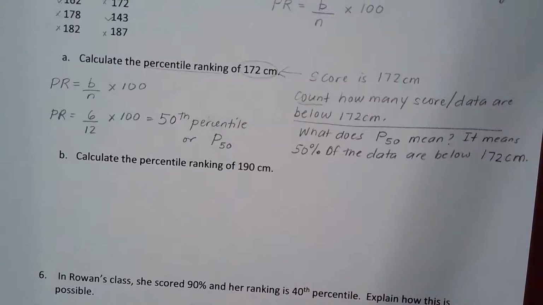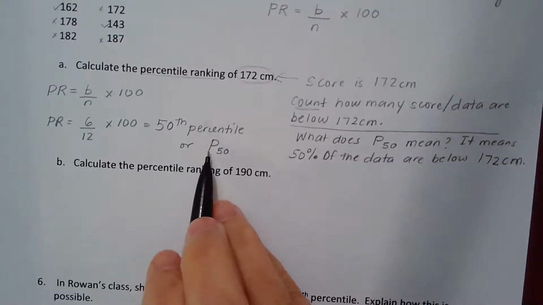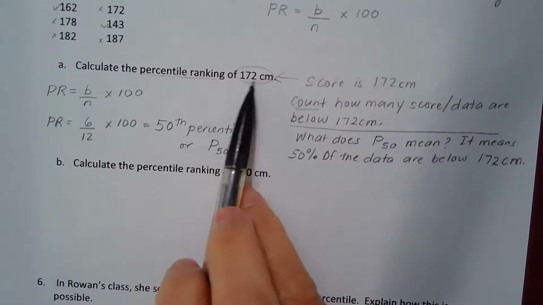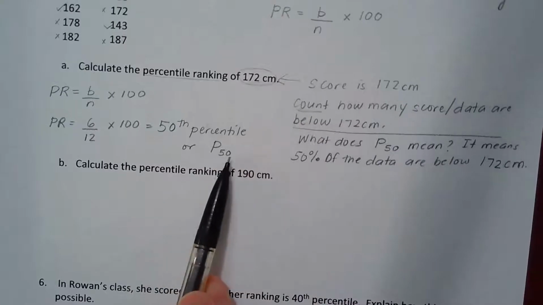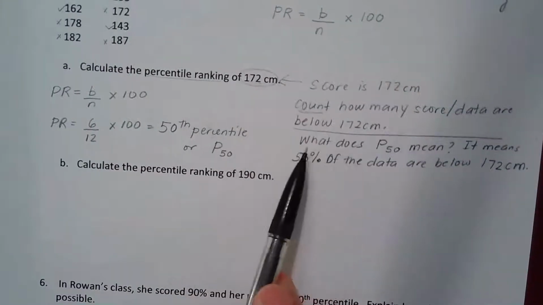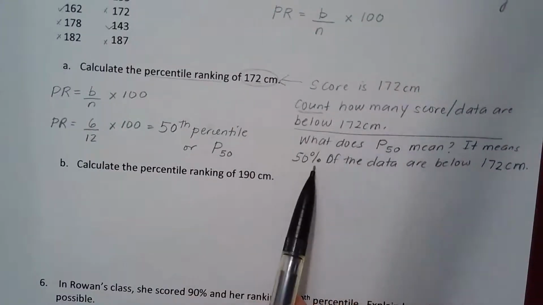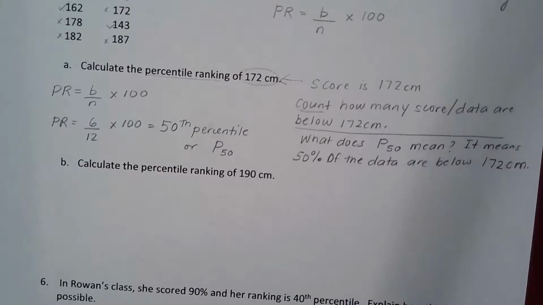So we've ranked the 172 centimeters. It ranked 50, and what does that mean? It means that 50% of the data are lower than 172 centimeters.